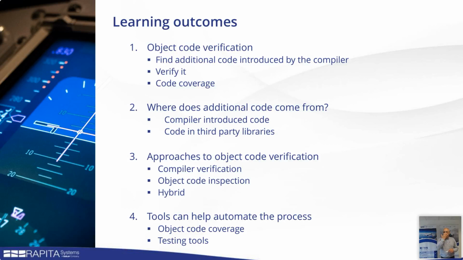So imagine the case where, as Matt was saying, you have finally produced the final object code. You try to do this activity of inspection and identify that, because of the compiler options that you used, there is a strange code that the compiler introduced.